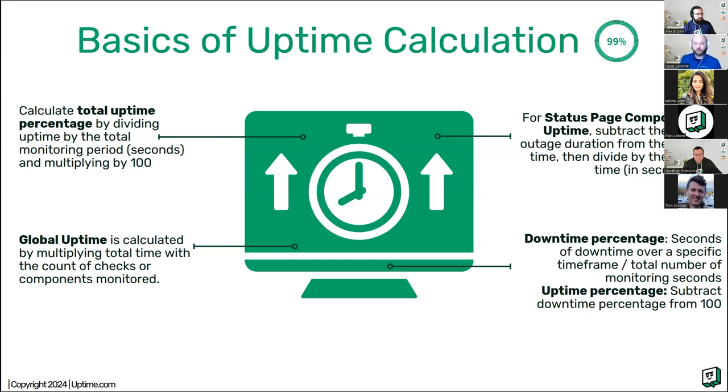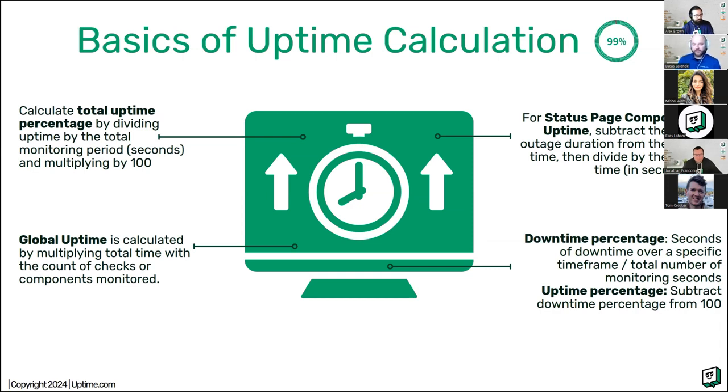Now that's for a single check or a single status page component. There's also global uptime, which is calculated by multiplying the total time with the count of checks or components monitored. So global uptime is more of a big picture of all of your checks and your components, their performance as a whole, as opposed to one individual check or component.